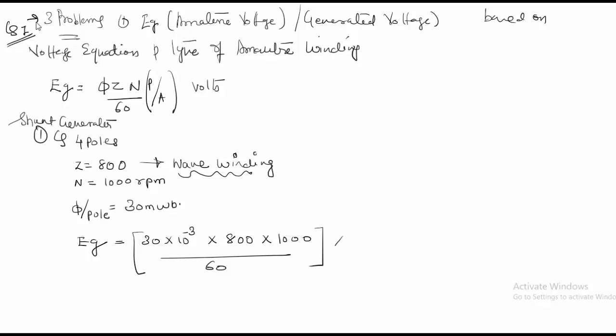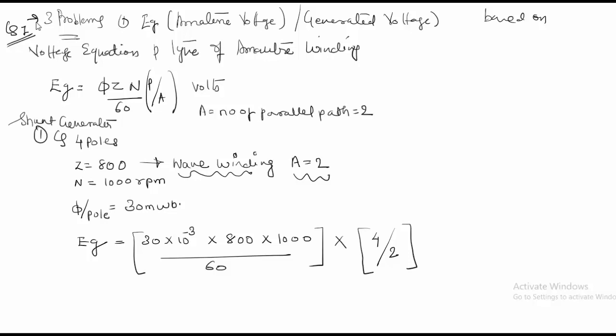Now into P by A, the number of poles is equal to 4, and A is equal to 2 in case of a wave winding. So if there is a wave winding, the number of parallel paths is equal to 2, which is given by A.